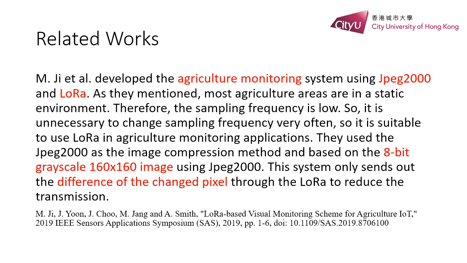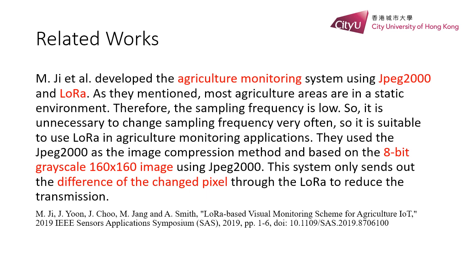There are some related works using LoRa to do the agriculture monitoring. They set up a LoRa system to transmit the image data. The image is using JPEG 2000 to compress and encode. For agriculture monitoring, because the plant change frequency is very low, the frequency of taken image is low, which can save a lot of bandwidth.